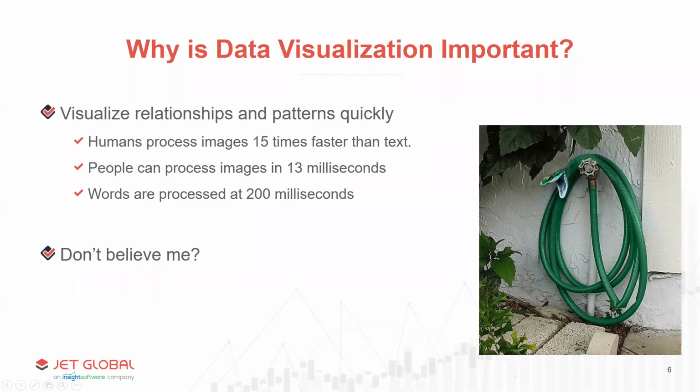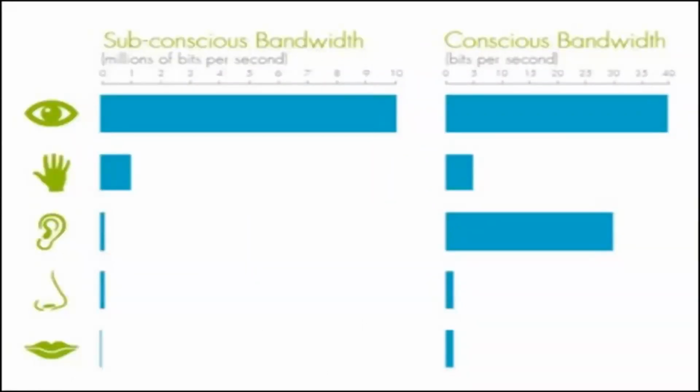Another reason that you'll see that faster data visual, or that faster processing of images, is because a lot of that is done on a subconscious level. So you can see from this graph, in terms of how quickly information is processed, visual is far and ahead of any of the other senses.